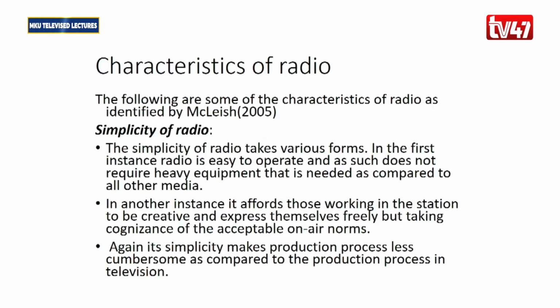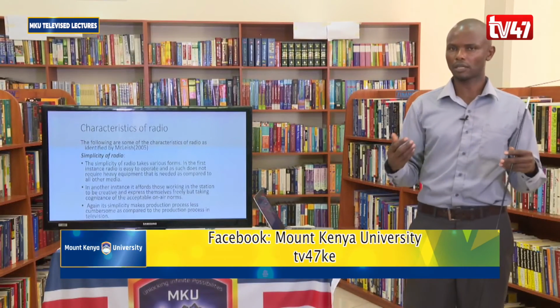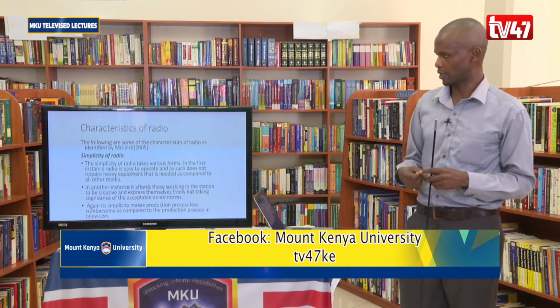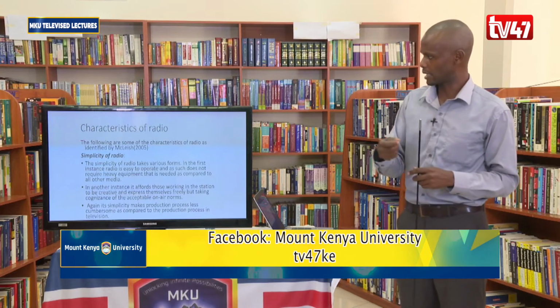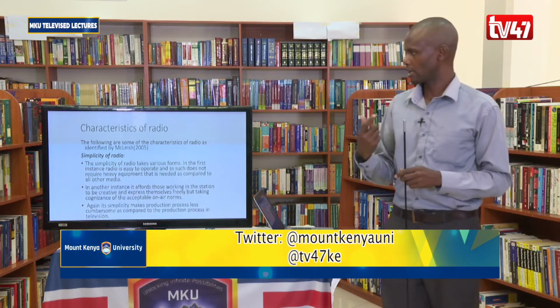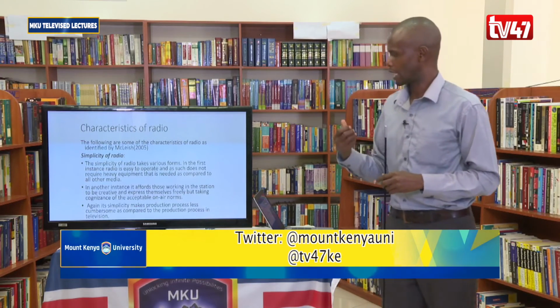So again, you'll find that when it comes to radio, the equipment that you need in order to produce these different radio programs is simply microphones, and the person who is going to be giving the information, and probably the audio mixer, whereby we are going to connect the different microphones if you are going to have more than one source of audio.